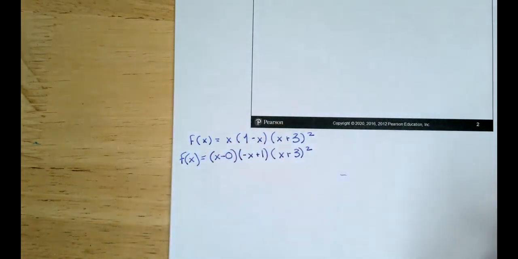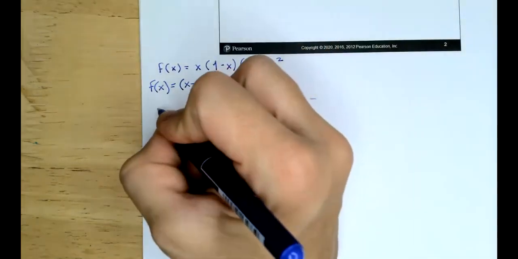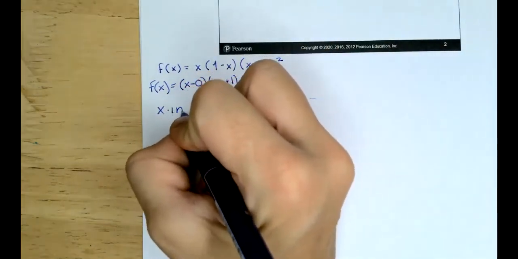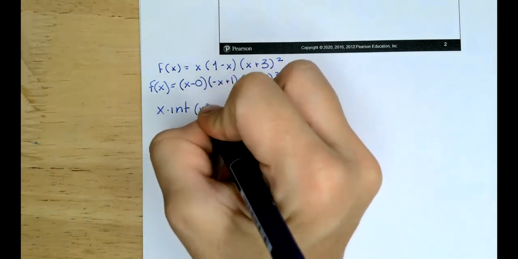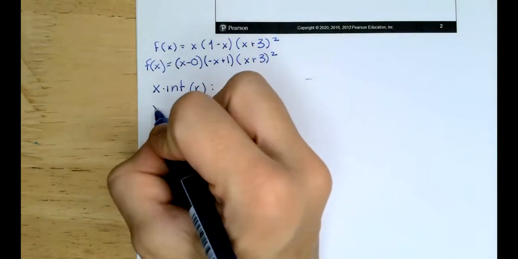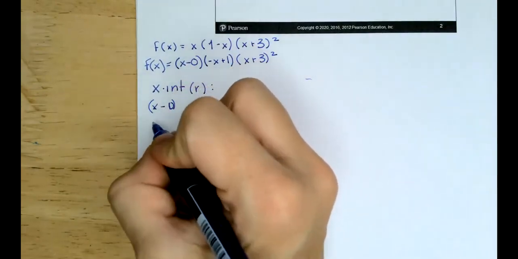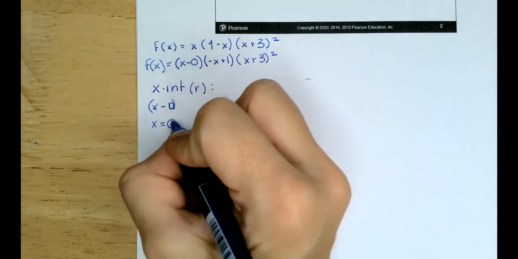All right, then we're going to find, just the same as we did last time, our x-intercepts, or our real zeros. x minus 0, so x is 0.